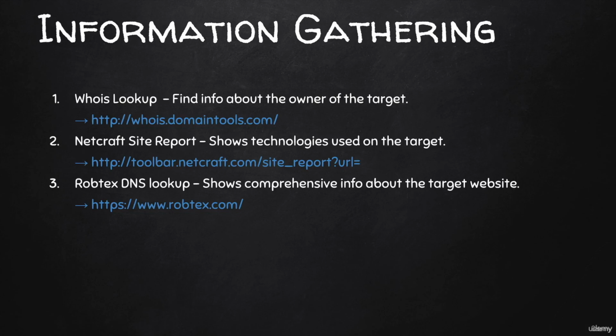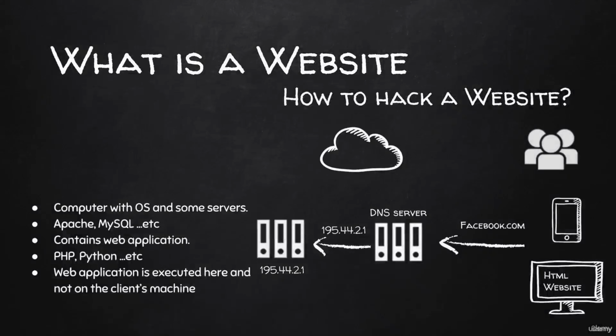In this video, we'll see how we can get comprehensive DNS information about the target website. Just to give you a quick refresher on what DNS is: when you type in facebook.com, a DNS server will convert that name to an IP address. The process is a bit more complicated.